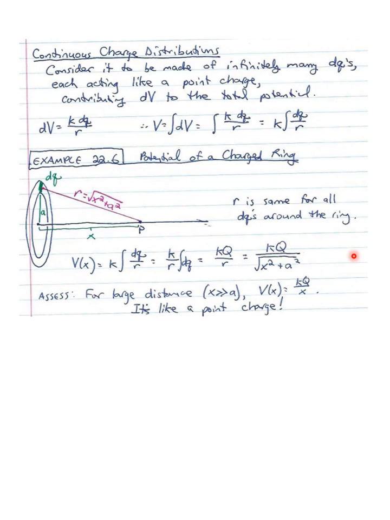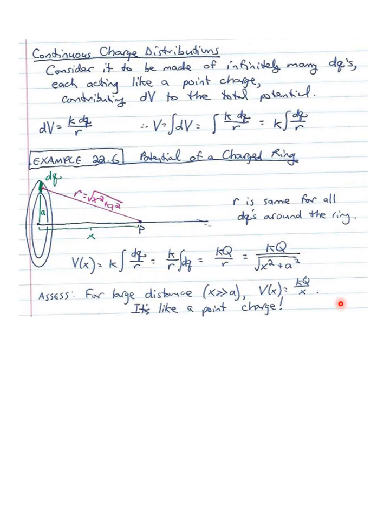Now, with the dimensions given, we actually aren't given what r is, but we are given the radius of the ring, and we want to know with respect to the distance along the axis. So it's more convenient to write it not as kQ over r, but as kQ over the square root of x squared plus a squared. And then we can assess this and think, for a large distance, if x is much, much bigger than the ring, imagine we're zooming out so far that we can't even see that it's a ring.